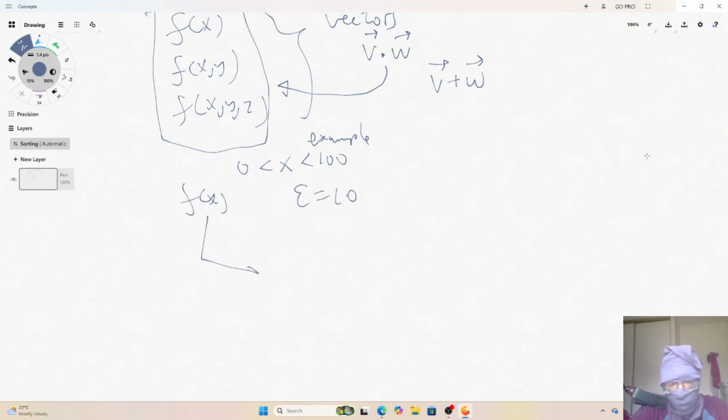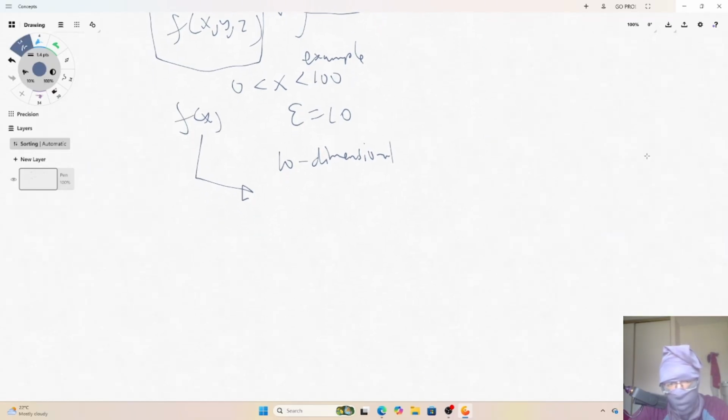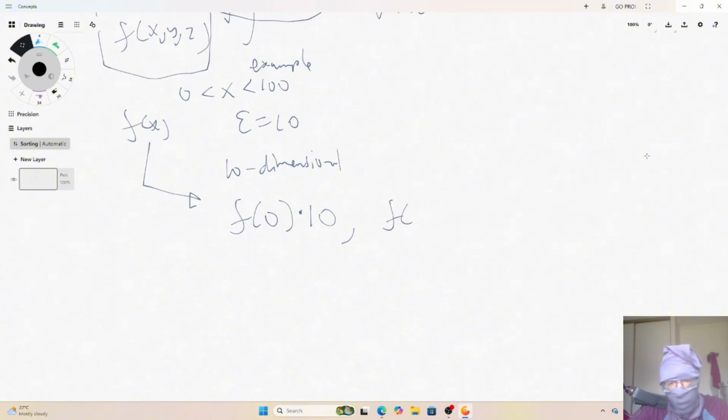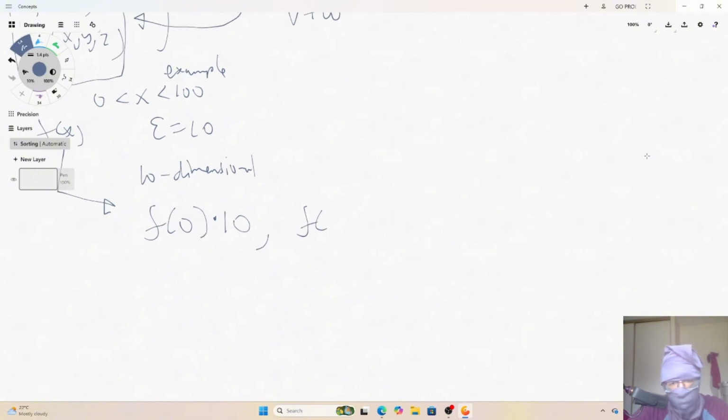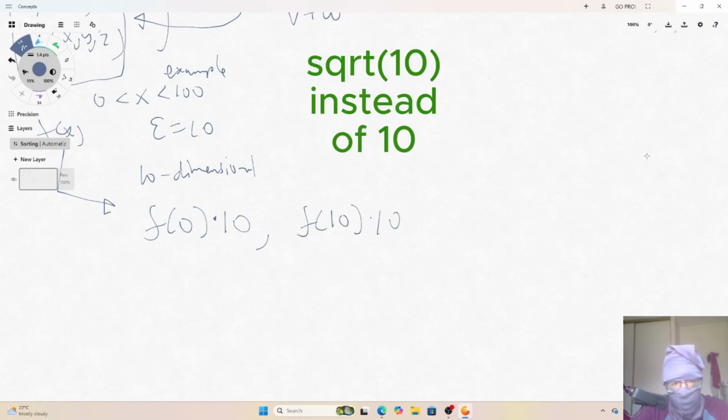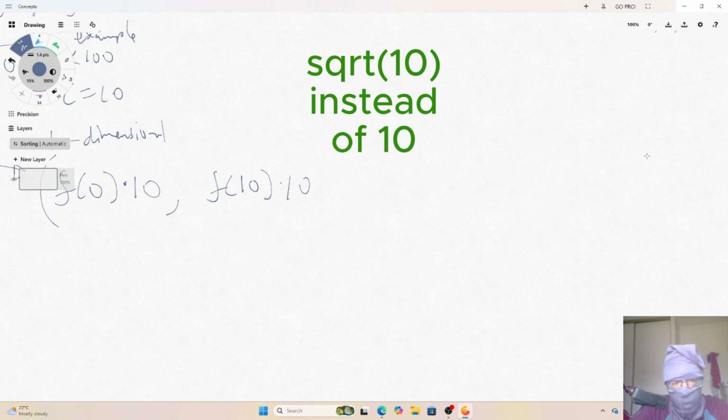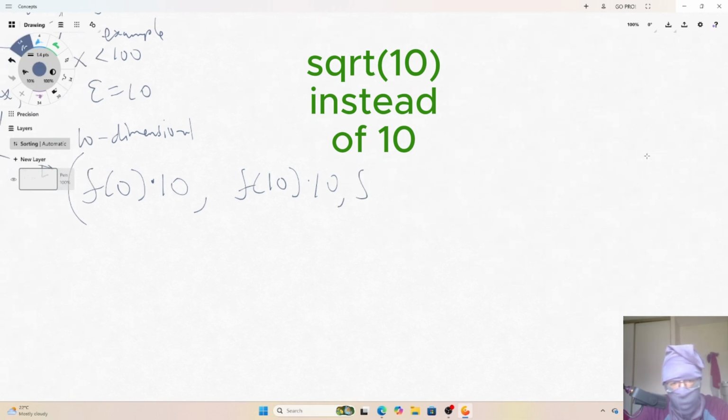So from that function, we can construct a 10-dimensional vector, for instance, defined as f(0) times 10, f(10) times 10, and so on.